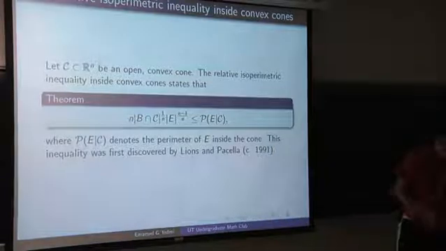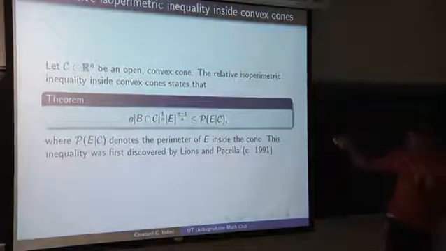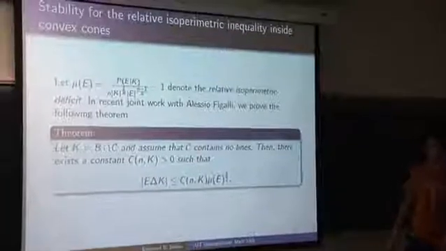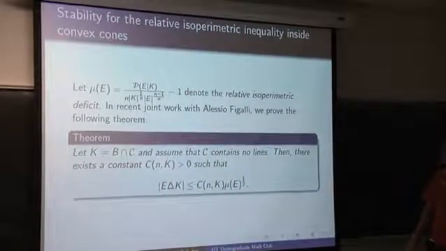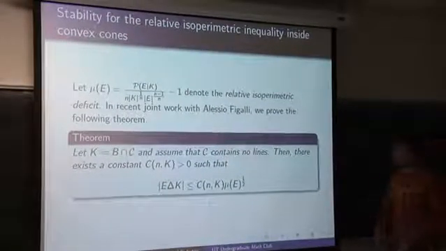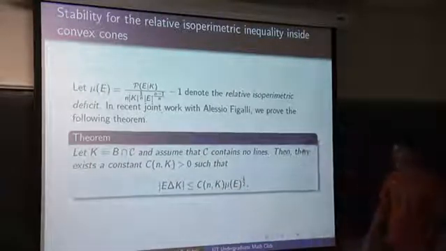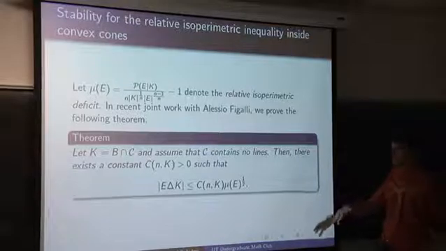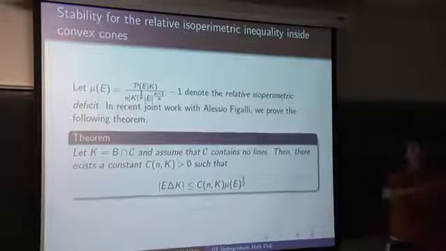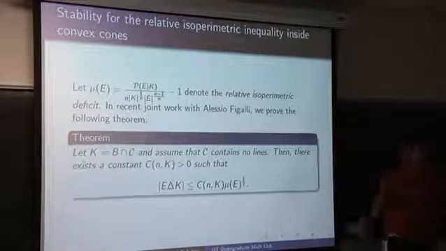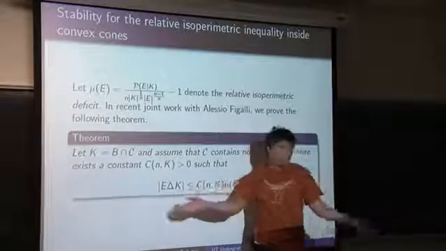And so my problem was to understand its stability. In a recent paper, we prove this estimate. In the asymmetry index, remember we were taking this infimum over all possible translations of the ball. What we're doing here is there are no translations.